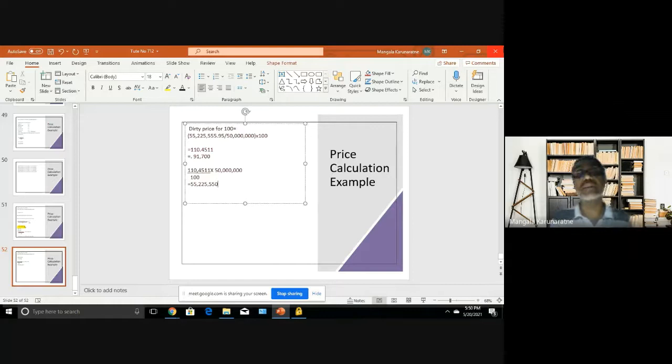So this is the purchase consideration or the dirty price.